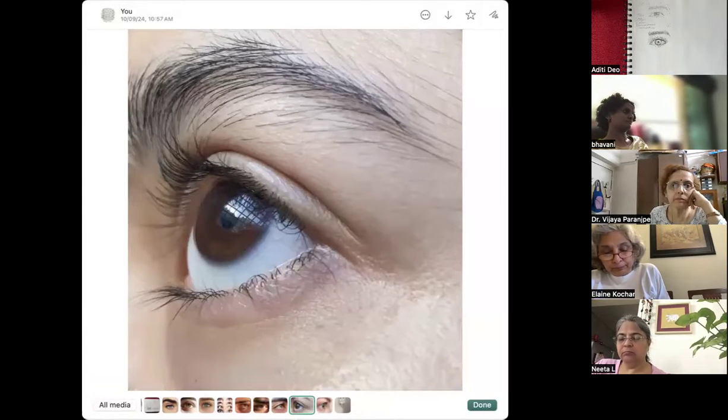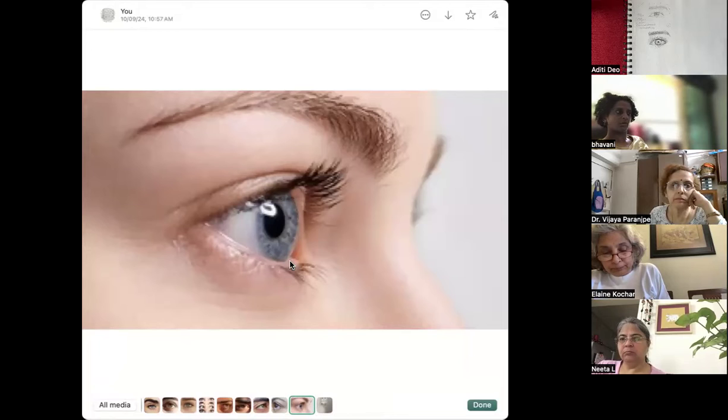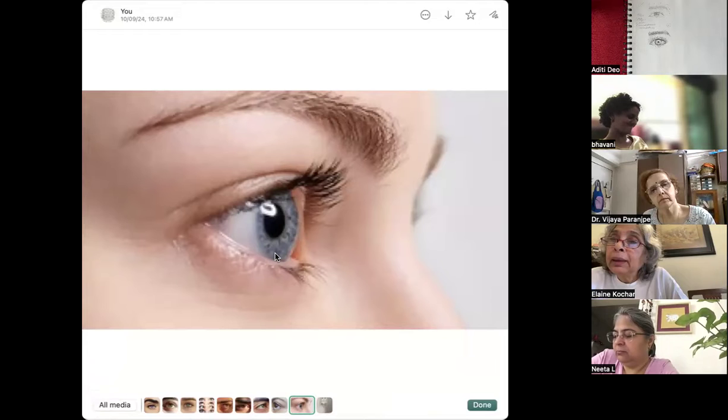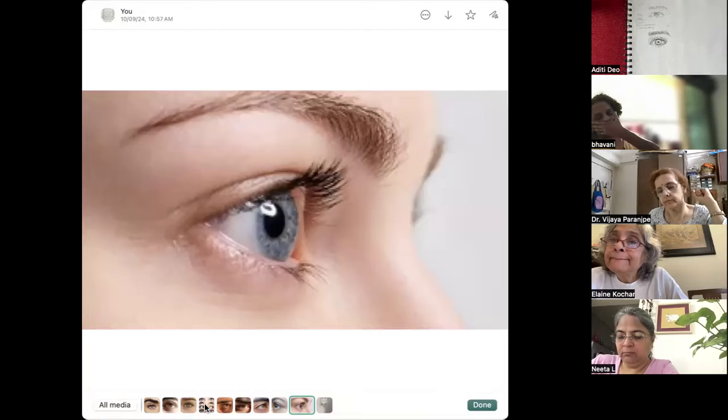Same thing over here. And here you can see this totally bizarre one. There seems to be no connection between the cornea, the iris, the pupil. It's all on its own. But we will do a further study of the side eye. But in the meantime, you can always do this as practice.